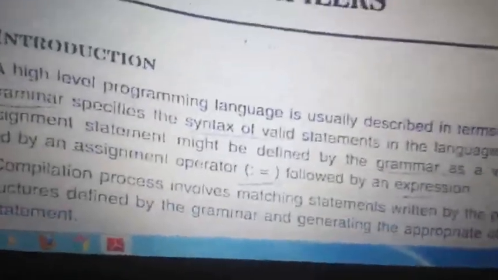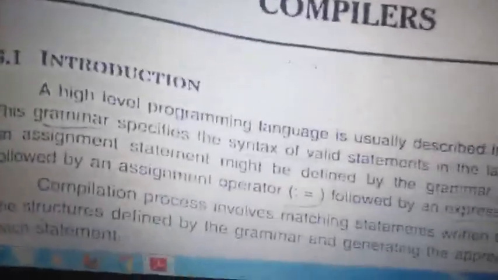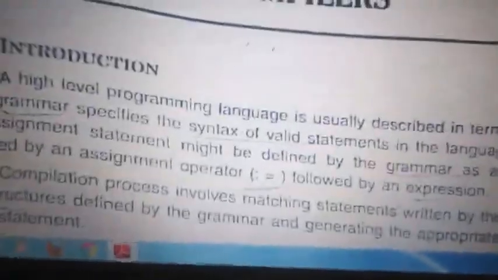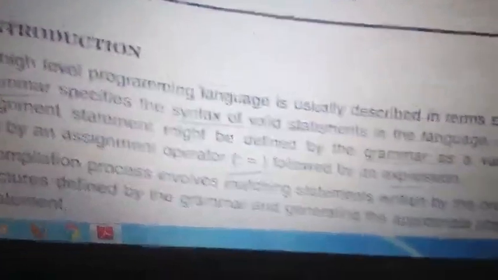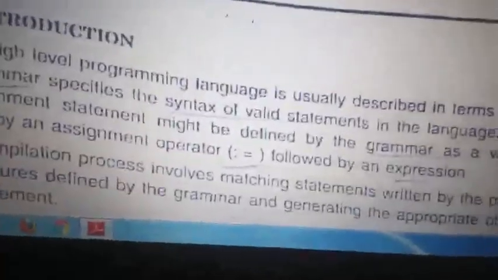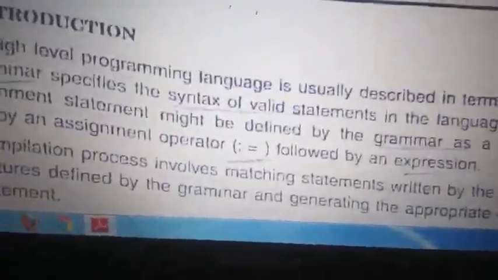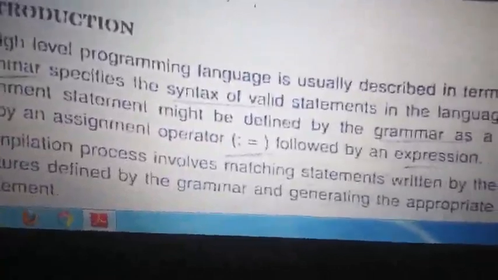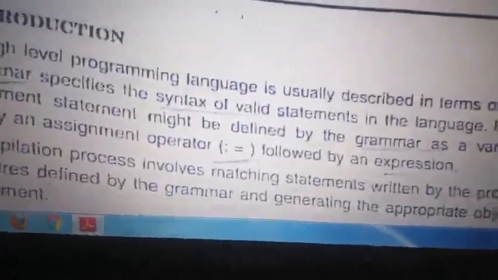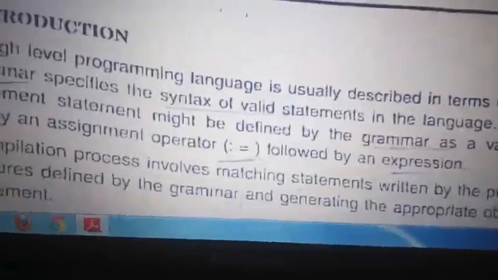in a high-level language, imagine you need to assign a value to a variable, then we use the operator equal to, right? This high-level language is easy to understand, and we are using an expression. Again, it is a symbol. Whenever there is a symbol, we are defining a grammar, right? Using a symbol, a grammar is defined.